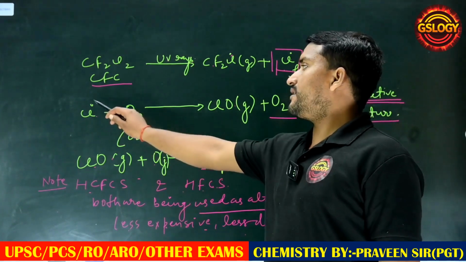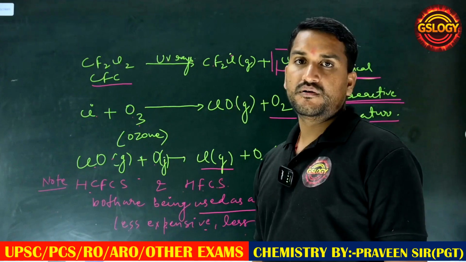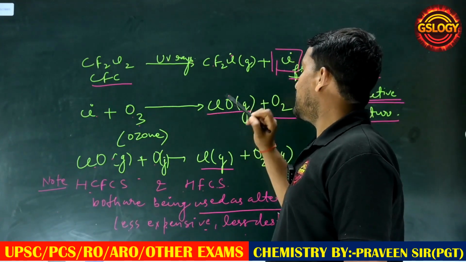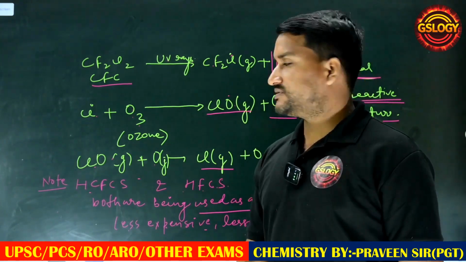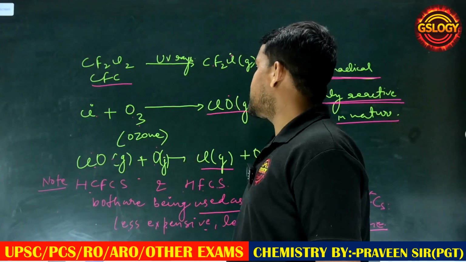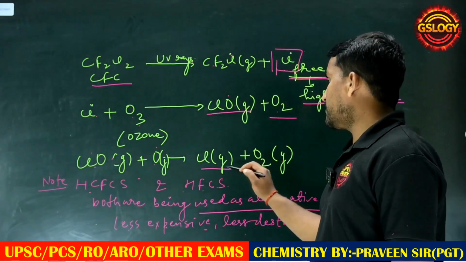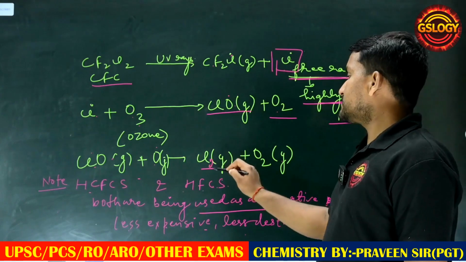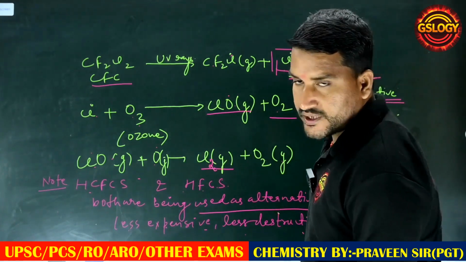This Cl radical reacts with ozone and gives ClO radical plus oxygen, and further the ClO radical reacts with the oxygen radical, then it will form chlorine gas and oxygen gas. Okay.